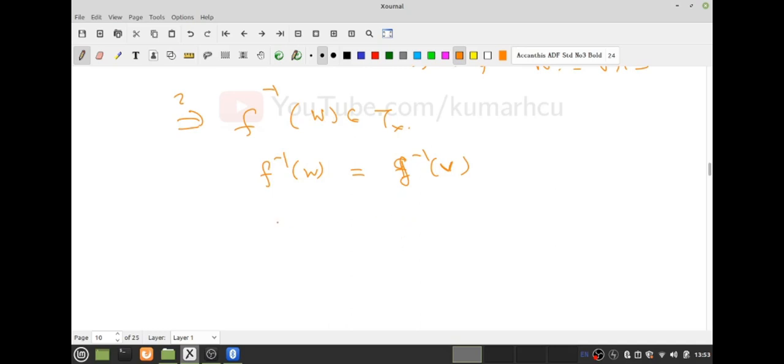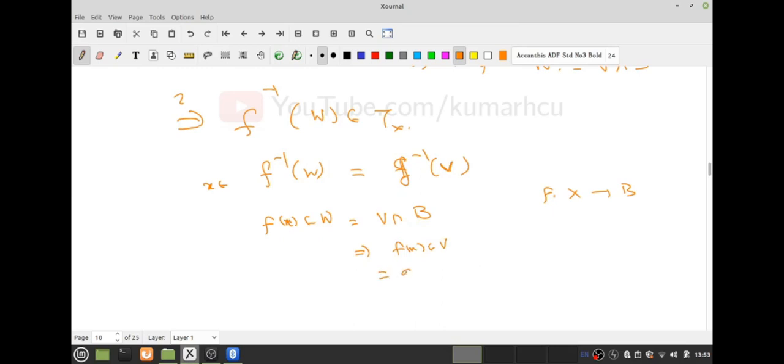But this is okay. Why? Suppose x is here, that means f(x) is in w. But what is w? w is v intersection B. Remember, f is a function from X to B, therefore f(x) belonging to B is not a condition, so this implies f(x) belongs to v.